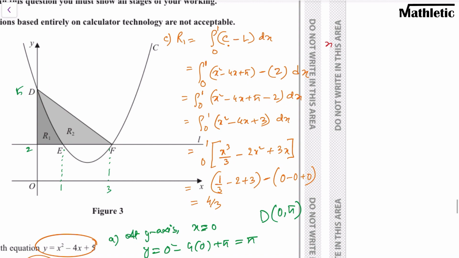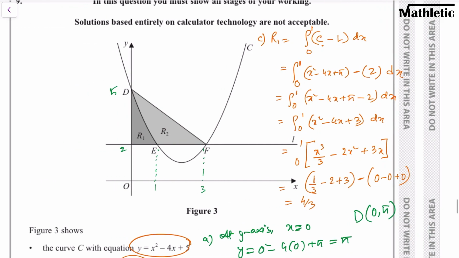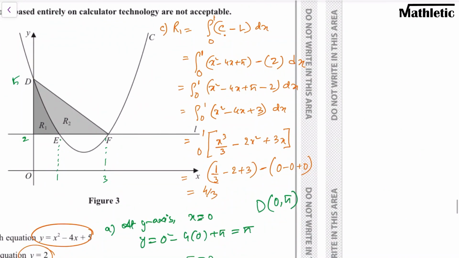We also need to calculate the area of R2. If we look at this diagram, we can calculate the area of this right angle triangle. Then if I deduct R1, I will get R2.